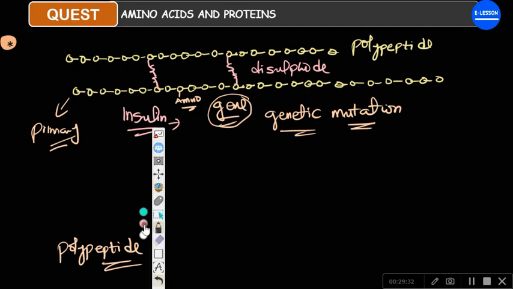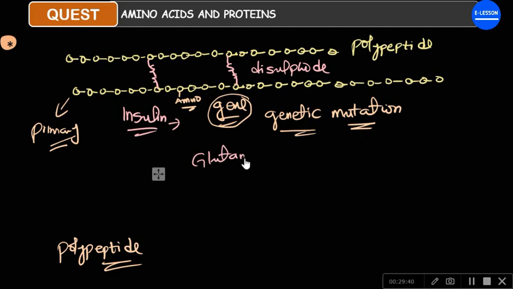That is what causes sickle cell anemia. Just a change in one of the amino acids from glutamine to valine or leucine, that causes sickle cell anemia, which is SS. They tell you it's a genetic disease. Are you getting it now? So that is that.